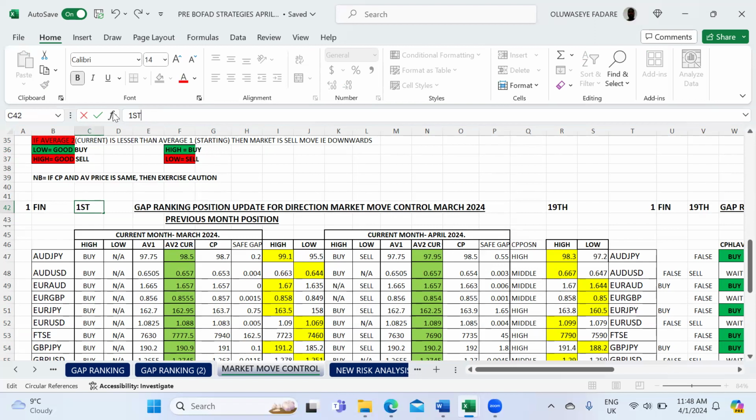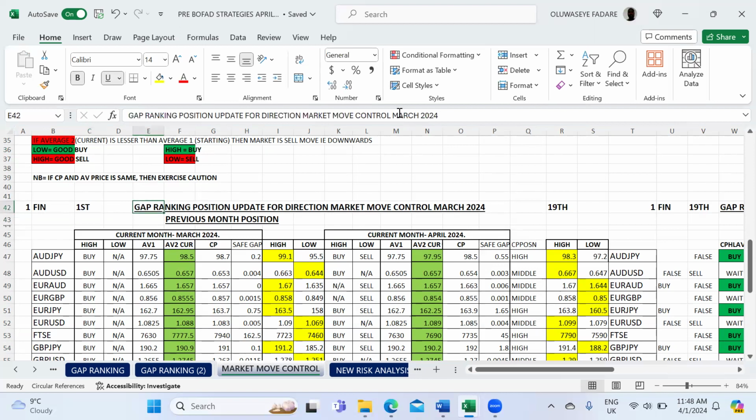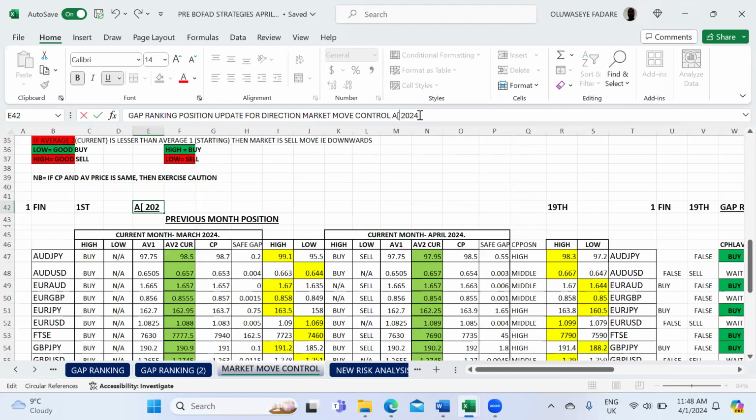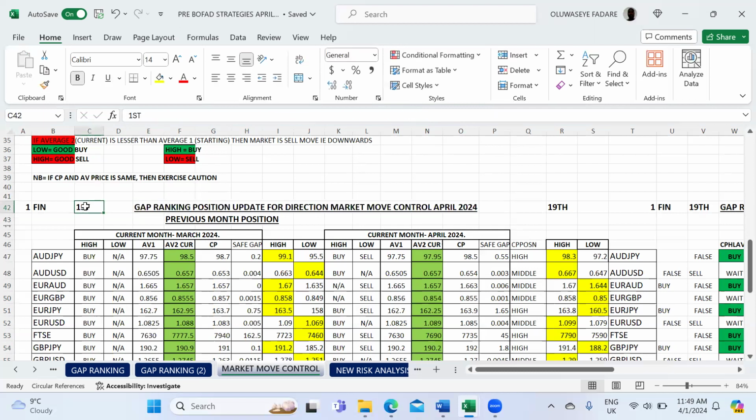So we have this for first, and also because the month is April, this will now be April. Like we said, today's first. So just to give you an insight into how we get these figures.